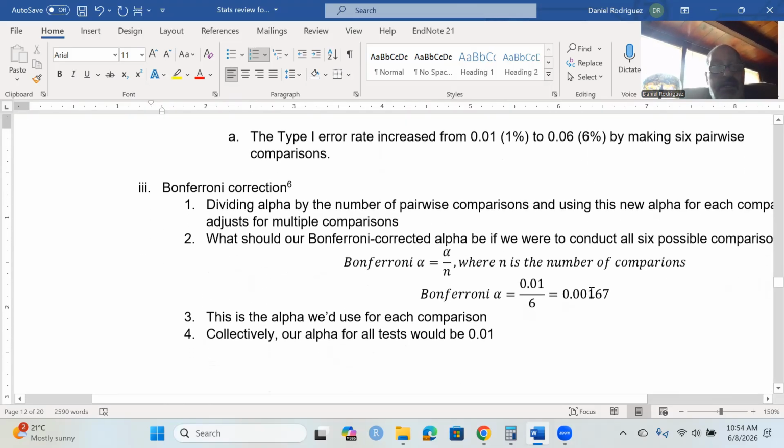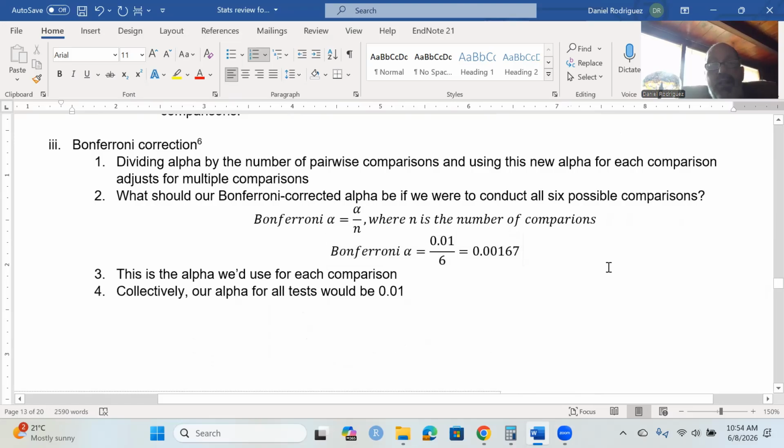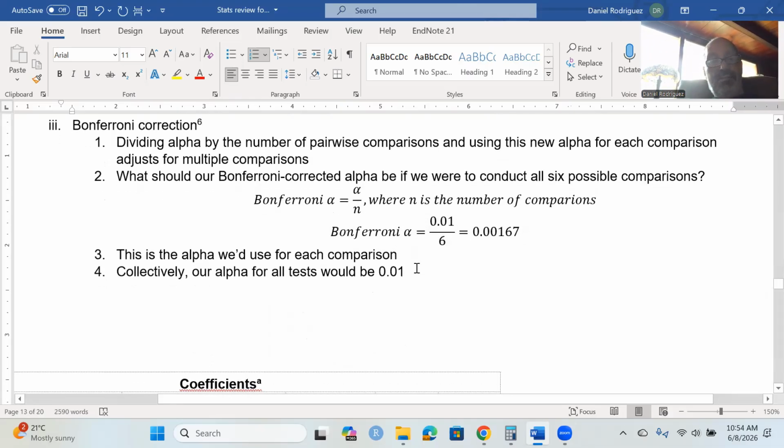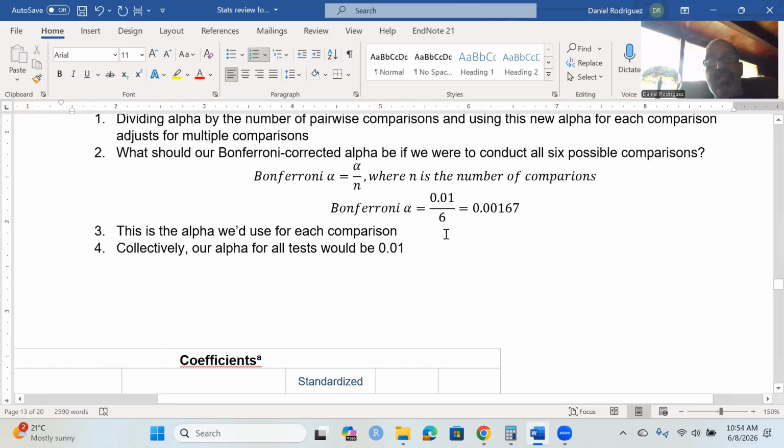Bonferroni correction is one of the many types of corrections you can do. A Bonferroni correction is simply dividing the alpha by the number of comparisons you're going to make, and then using this as your alpha for each comparison. Our alpha dictates where the critical value is for determining statistical significance. So as you can see, the more comparisons you do, it becomes a little more difficult.